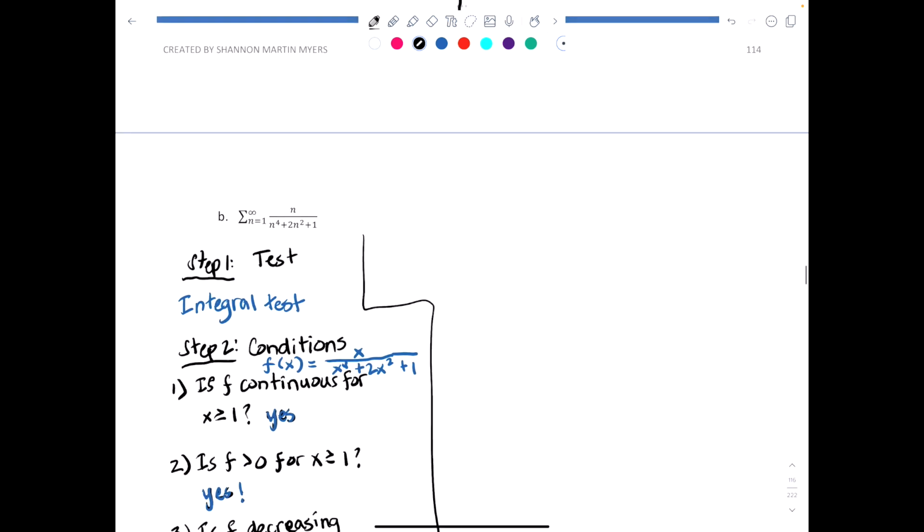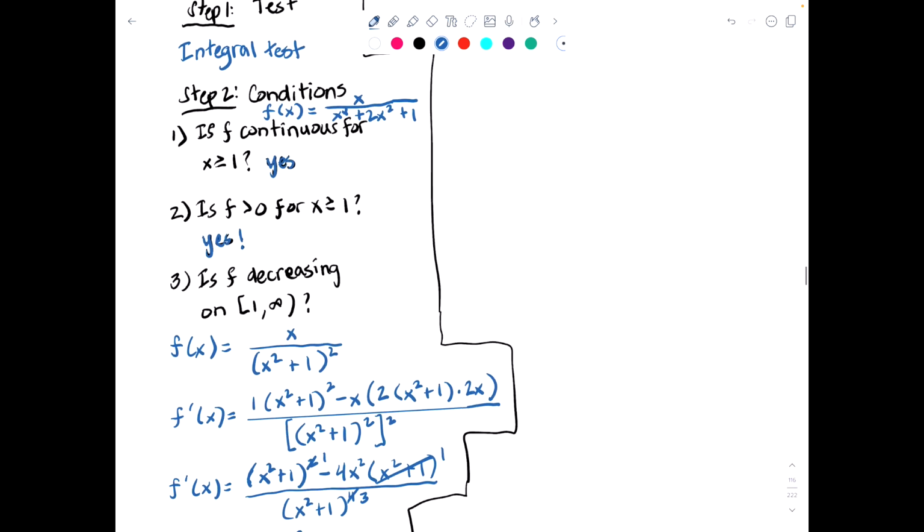So here we go. Okay, so I'm going to use that second version that we looked at, because that'll be set up for integration.